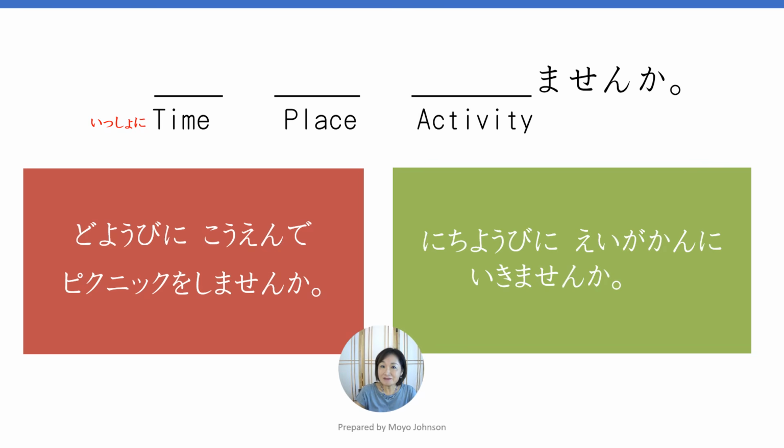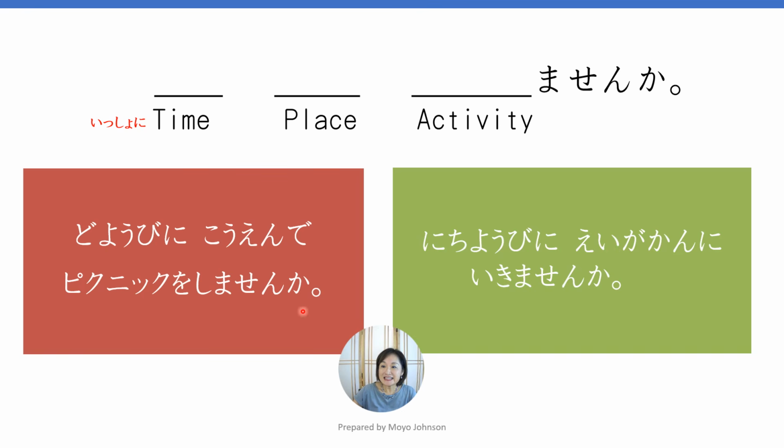When making an invitation in Japanese, the word order usually moves from the bigger picture to the more specific details. First, you mention the time, like today or Saturday, or a specific time. Then the place, such as park, 公園で or 映画館に.